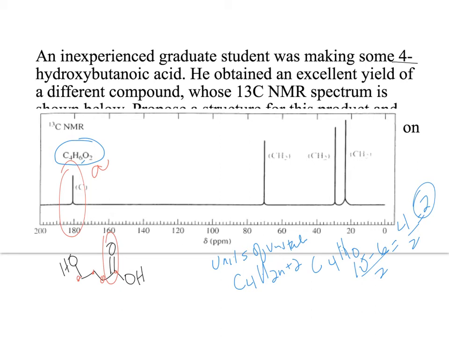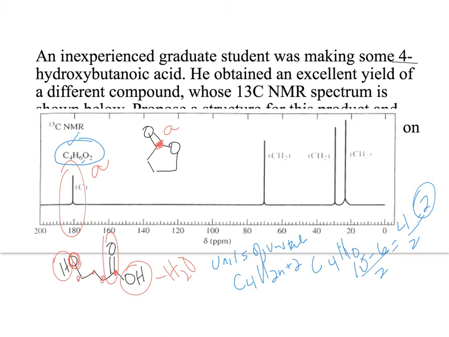So what I'm going to propose is a ring closure, and you lose water. Okay, so if you lose this OH and that H, because you're heating this, so 1, 2, 3, 4, 5, 1, 2, 3, 4, 5-membered ring. This is A, carbon number A. Let's see, 1, 2, 3, 4.